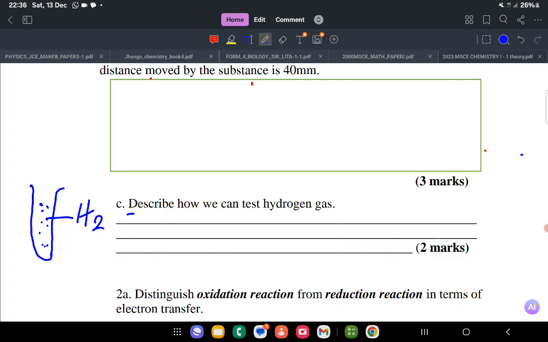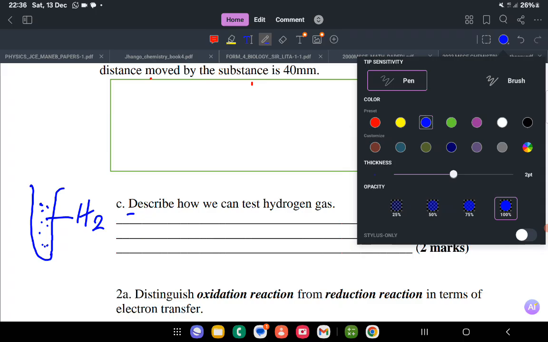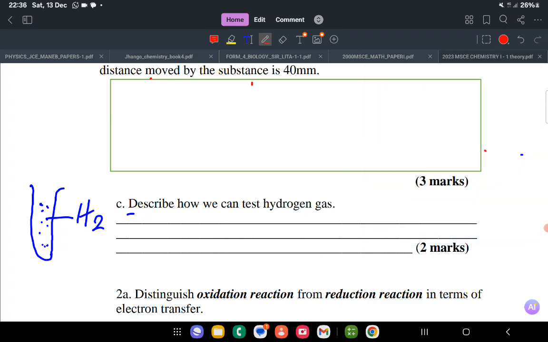What you do is get a burning splint, like a burning matchstick. You light a matchstick and bring it closer to the mouth of the test tube.